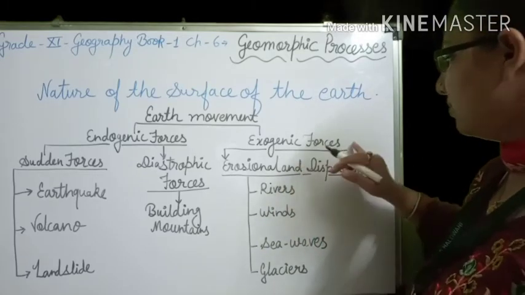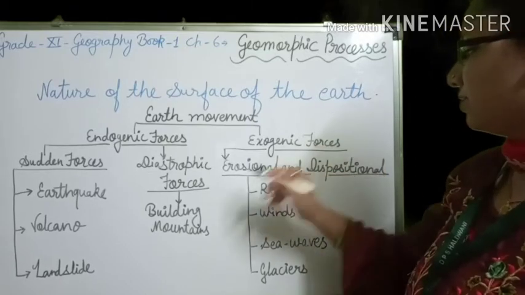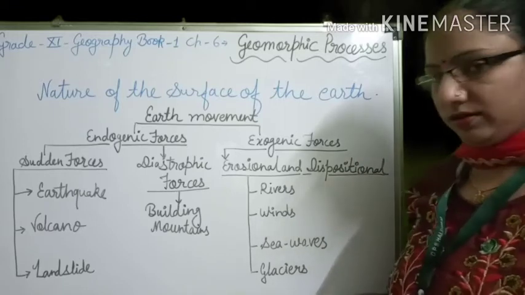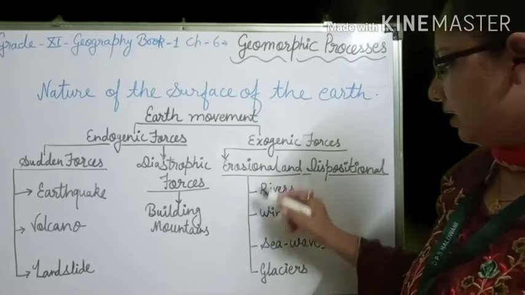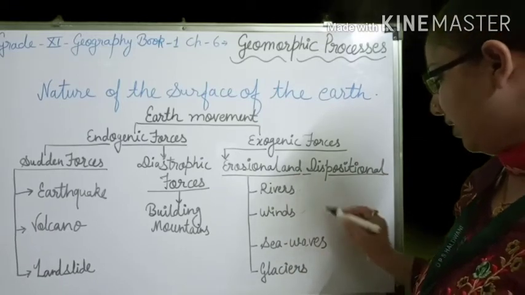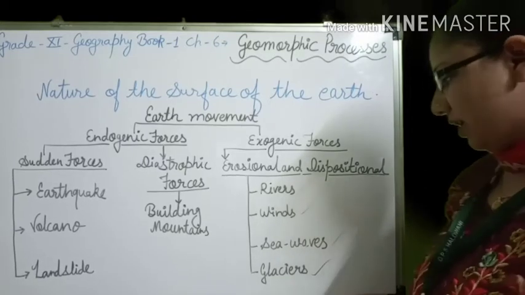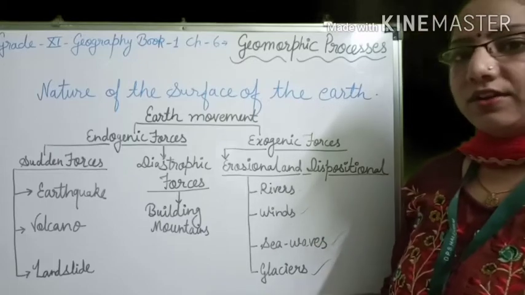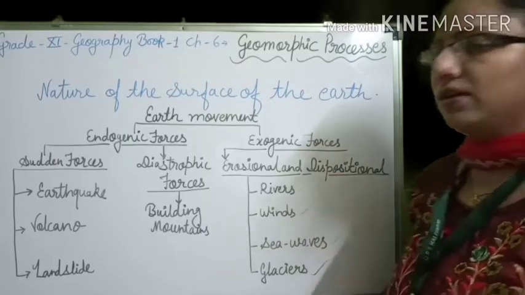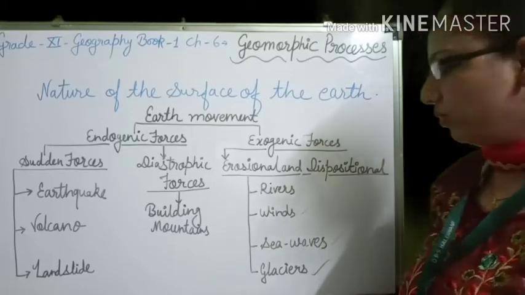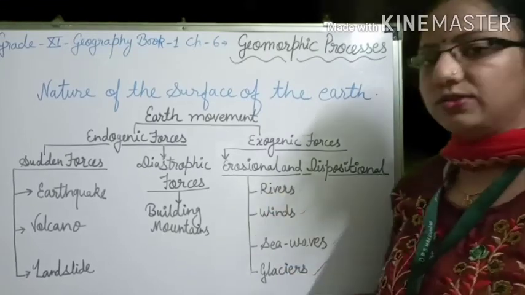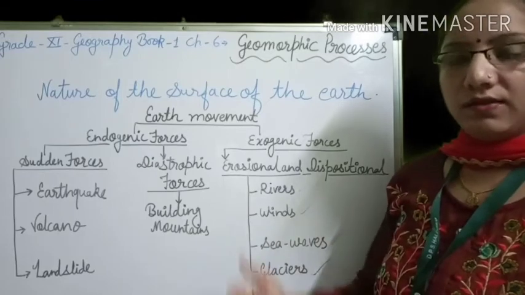The exogenic force is the cause of erosional and depositional work, in which we can see rivers, wind, sea waves, glaciers and many more activities occurring outside of the crust. They are responsible for the exogenic forces, and due to these erosional activities many landforms are also forming. So that we will see.